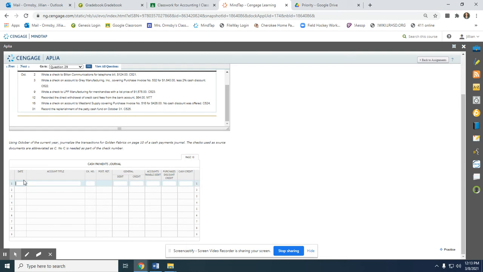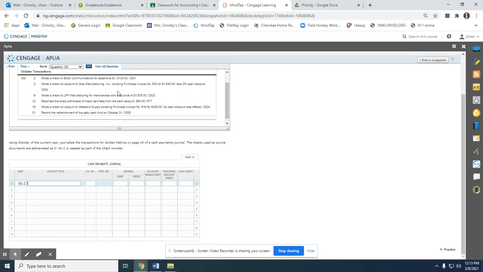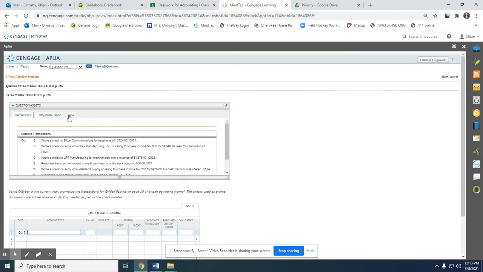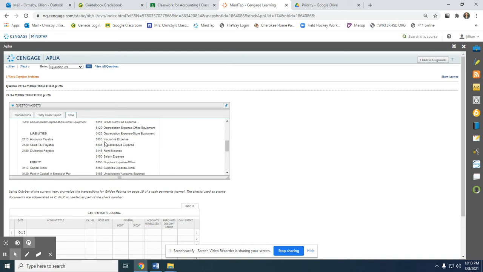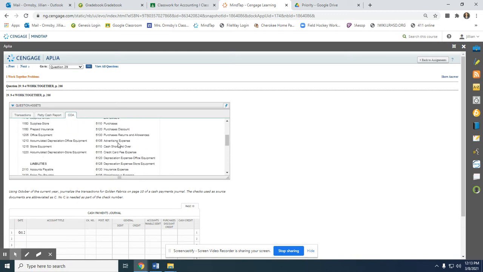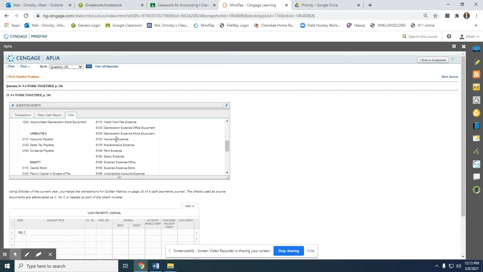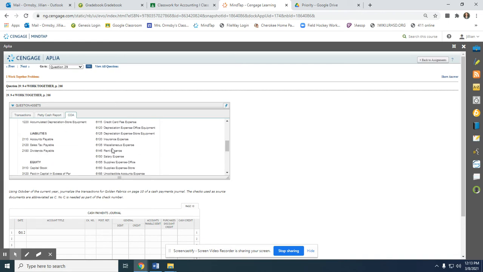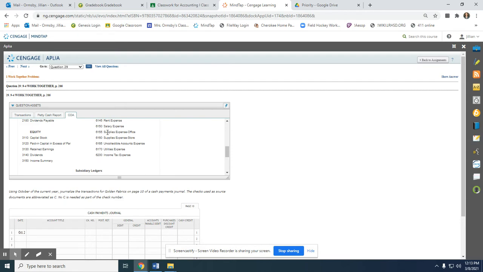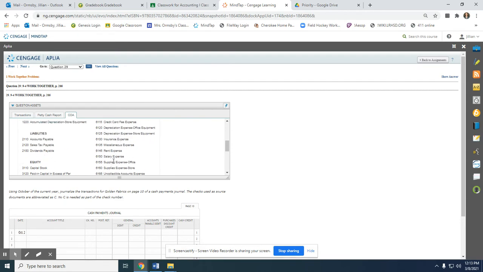So the first transaction is on October 2nd, and it says wrote a check to Built-in Communications for telephone bill. We can check the chart of accounts, but the telephone bill is most likely a communications expense or a utilities expense.